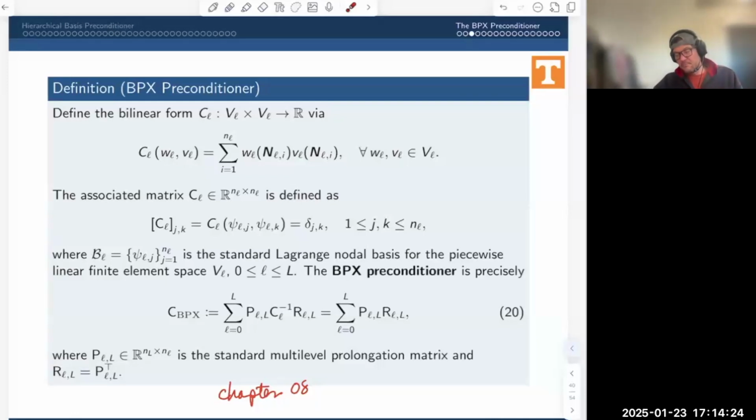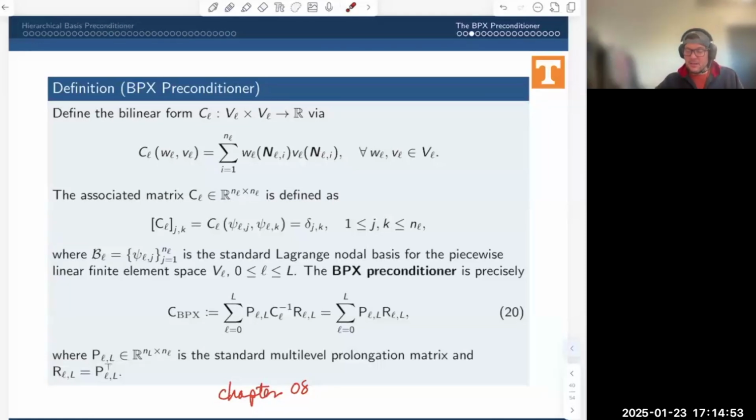They exist, but you can see all the theory that we have to derive just to define them, not to mention all the theory we have to derive to analyze them. So good preconditioners aren't simple things. They take a lot of work, they take a lot of thought, and their analysis is quite complicated.